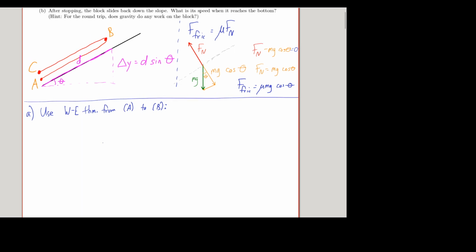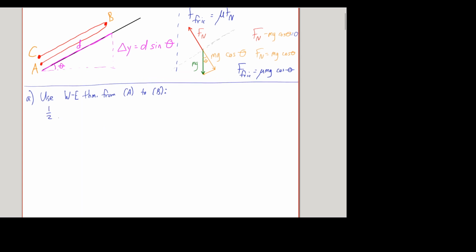So I know that the kinetic energy at A plus the work done by gravity, it's going to be negative, plus the work done by friction equals the kinetic energy at B.